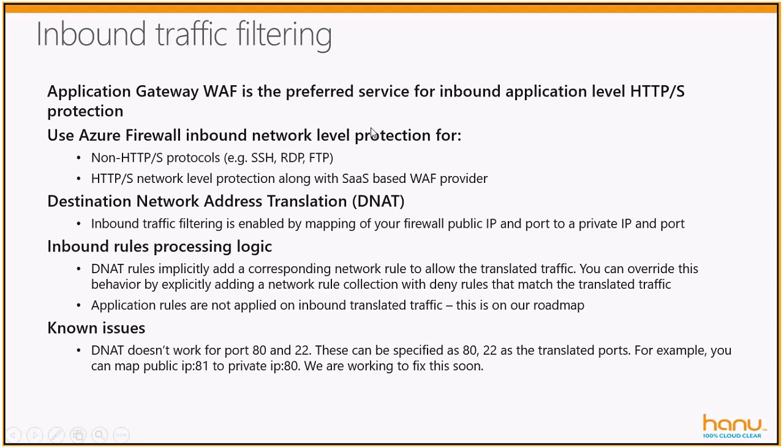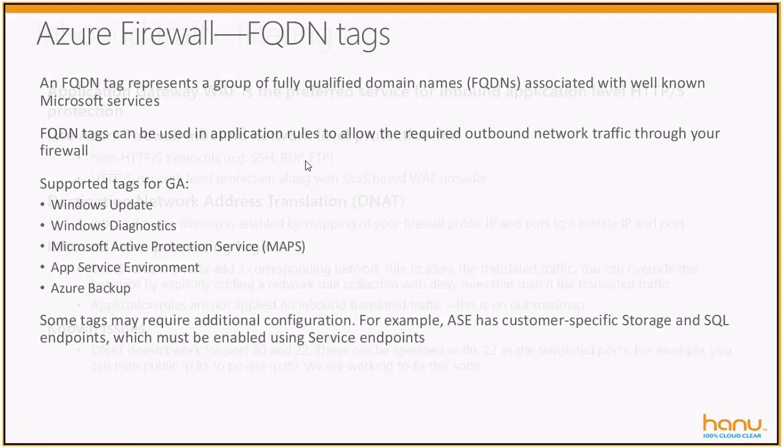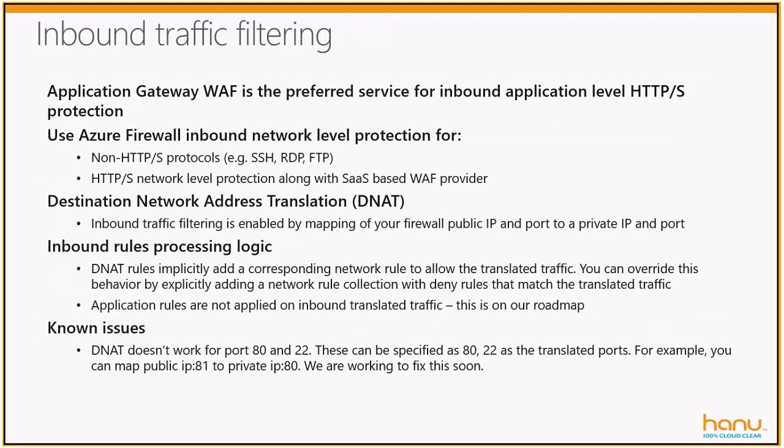So if your application is using Application Gateway Web Application Firewall, you can integrate Azure Firewall with that also, and then you'll get these features: you can get control of SSH, RDP, FTP, and all those protocols, which are not available with WAF.